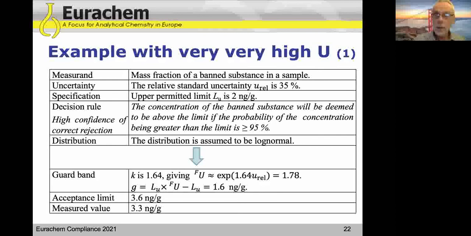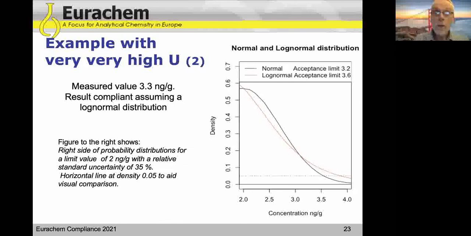Then we can calculate the guard band that we should put to the right of the limit to have high confidence of correct reaction, and this would be 1.6 nanograms per gram. So we have an acceptance limit of 3.6 nanogram, and we have a measured value of 3.3 nanogram. That means that it will be accepted. But let's look clearly at these distributions.